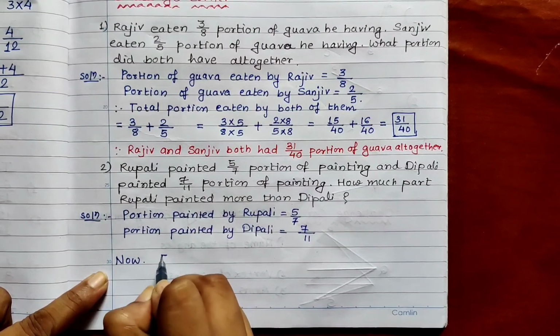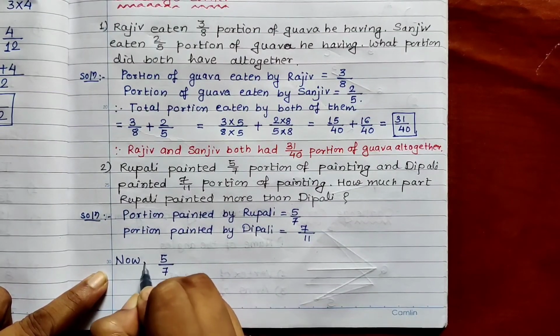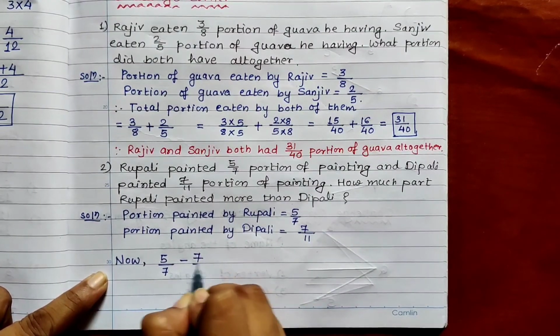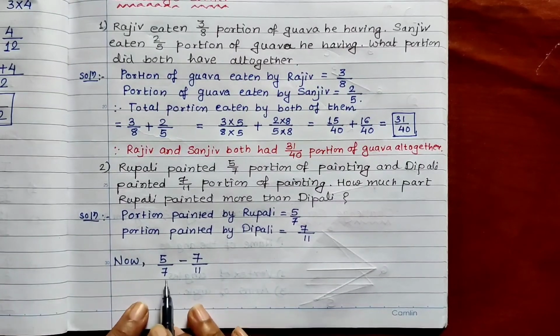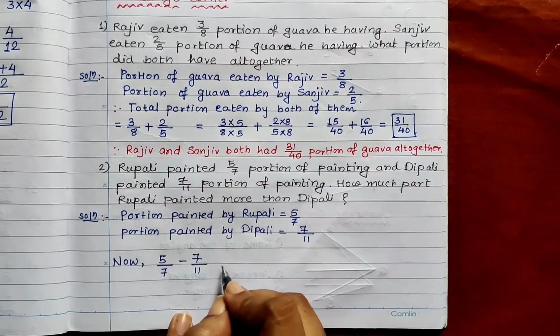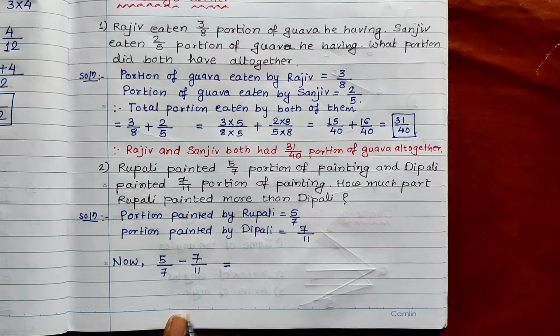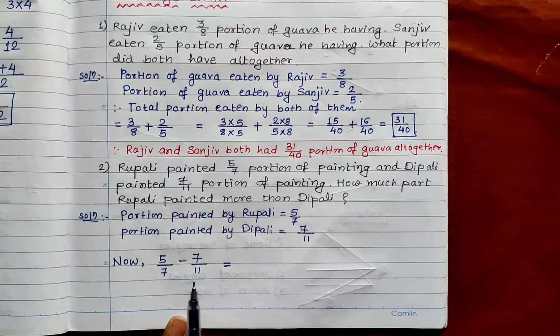Now 5/7 minus 7/11. Now we have to make the denominators equal. What do we have to do? If you multiply any one fraction, it won't be possible to get equal denominators. We have to multiply the first fraction by the denominator of the second and the second fraction by the denominator of the first.